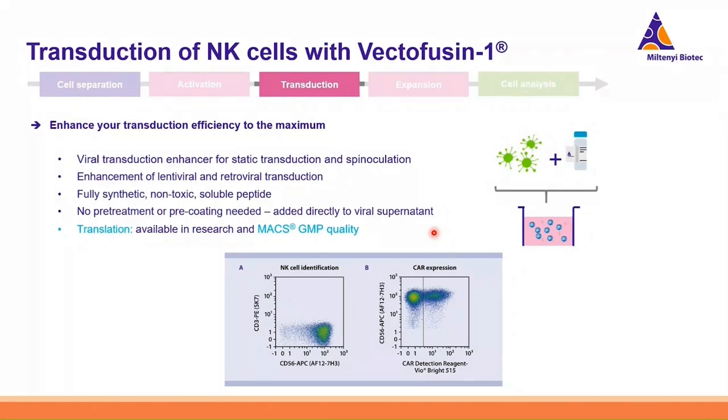So you can just directly add it to the viral supernatant. And this is also available in GMP quality. And here you can see another plot where NK cells have been efficiently transduced, and here you can see the CAR expression of the NK cells.